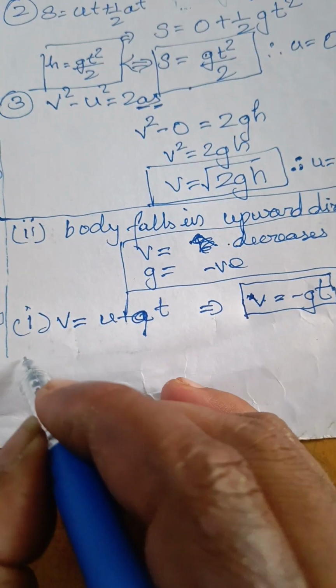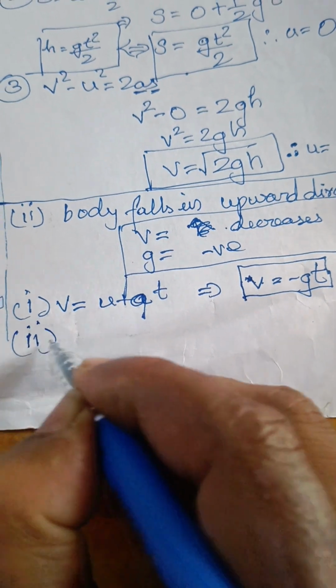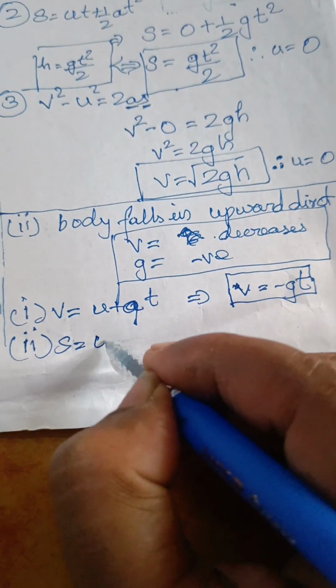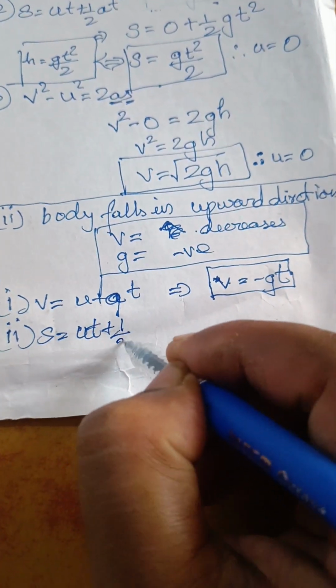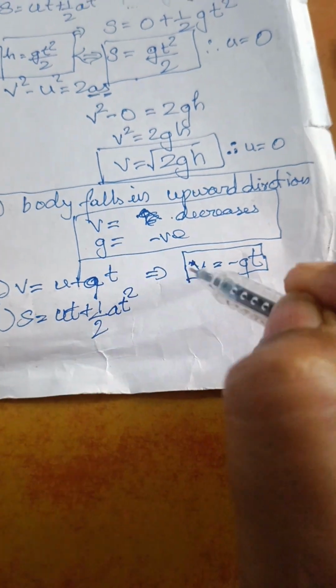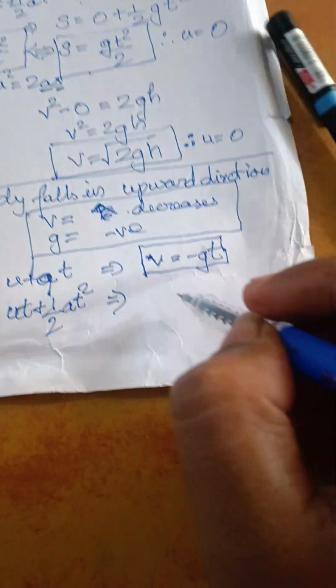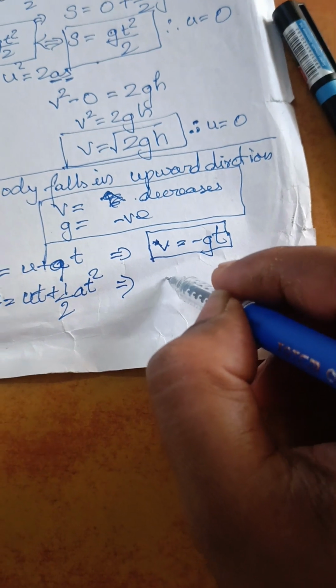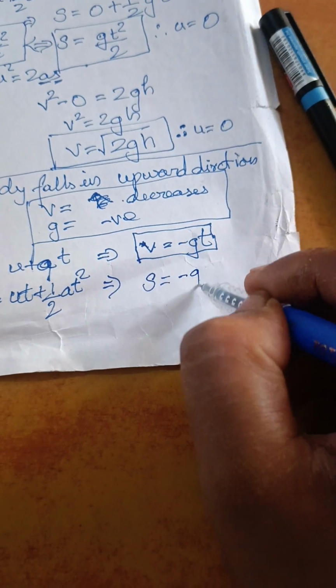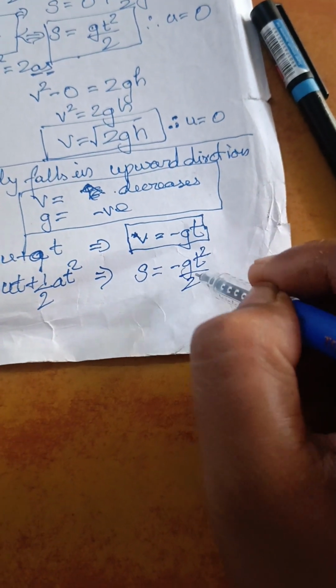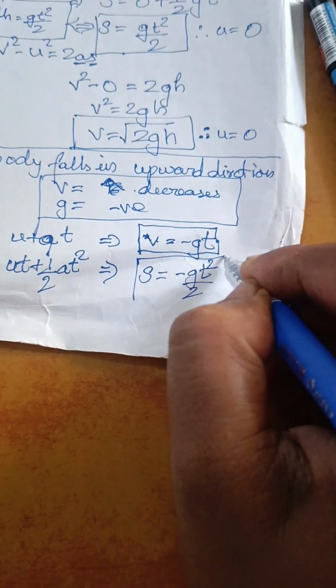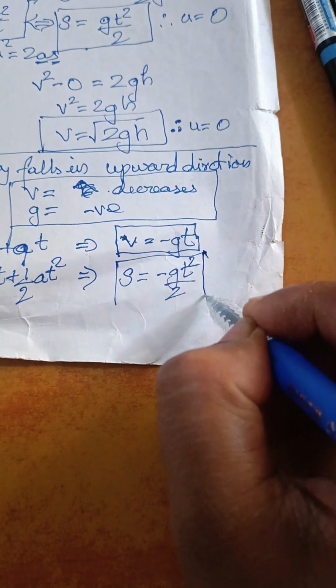Next, the second equation of motion, s is equal to ut plus half at square. We can also represent it as s is equal to minus gt square divided by 2. This is the second equation of motion against gravity.